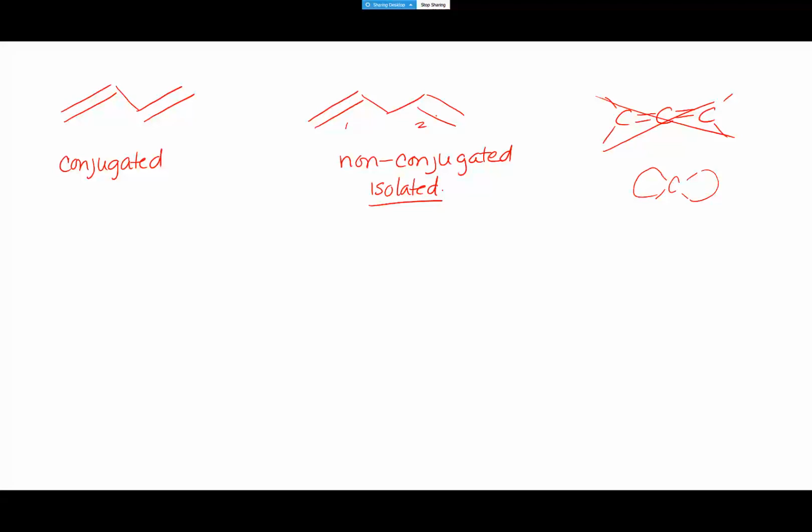If I want to react this with two HBr, I'm going to add two HBr Markovnikov. If I want to add two Br2, I'm going to add two sets of Br2. So non-conjugated systems, we've done.